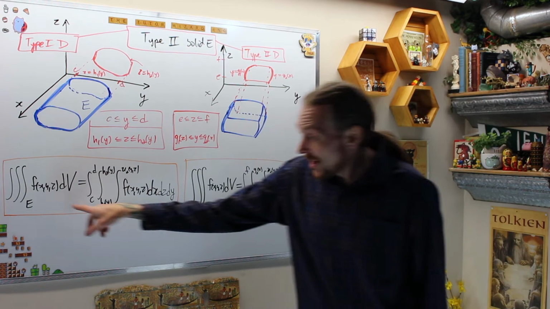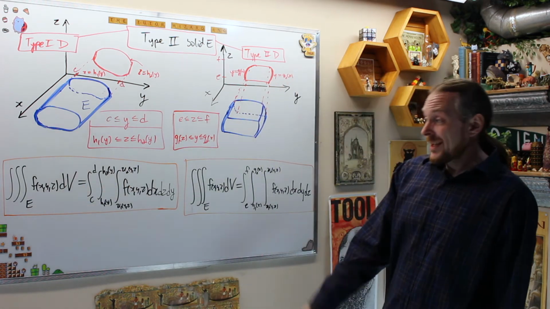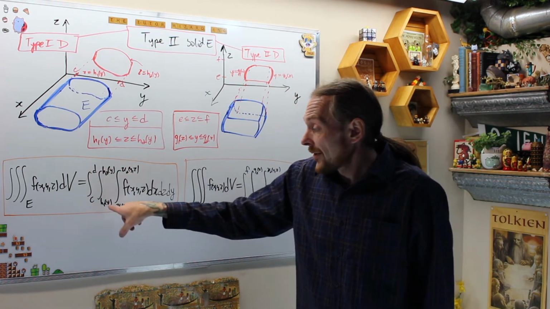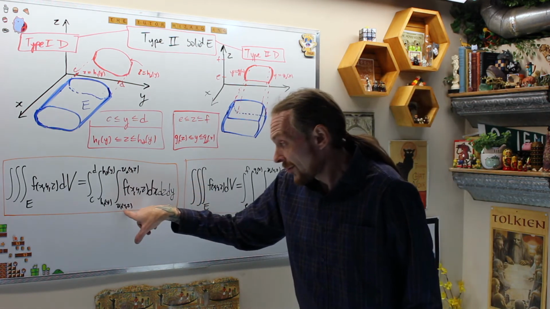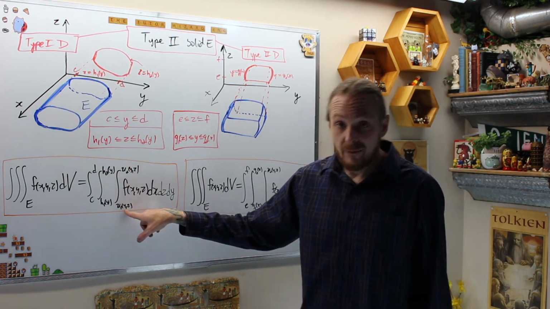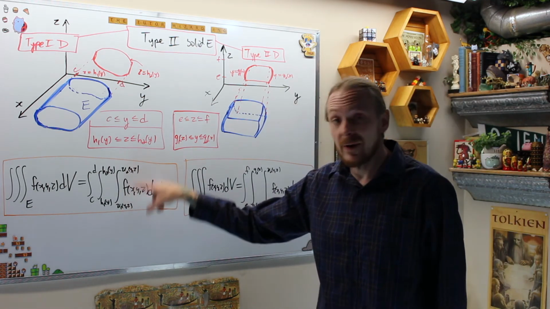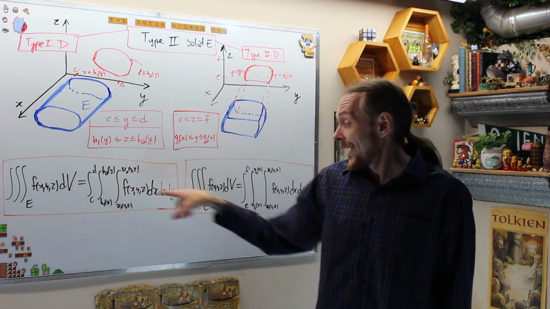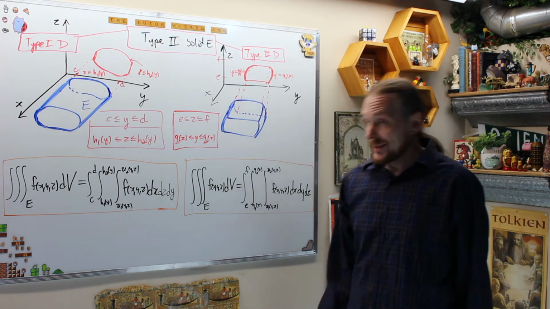In that scenario, our triple integral of a function of three variables over this solid E is going to be this iteration from c to d, then from h1 of y to h2 of y, and then x is going to go from u1 of yz to u2 of yz. So we're doing x first, which is a function of y and z. Then we're going to do z next, which was a function of y, and then we're going to do y, which will finally give us a number if we're computing this hypervolume.